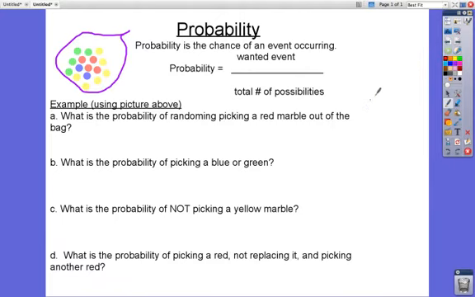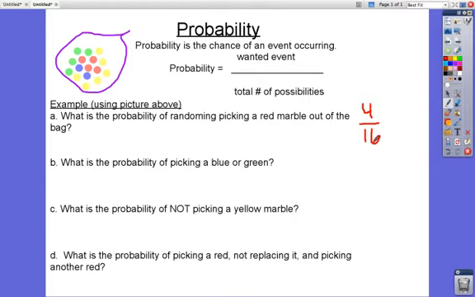So we have 4 over the total number of possibilities, which is every single marble added up. So we have 4 red, we have 4 green, so that makes 8, plus these 2, that makes 10, 11, 12, 13, 14, 15, 16. So 4 over 16.